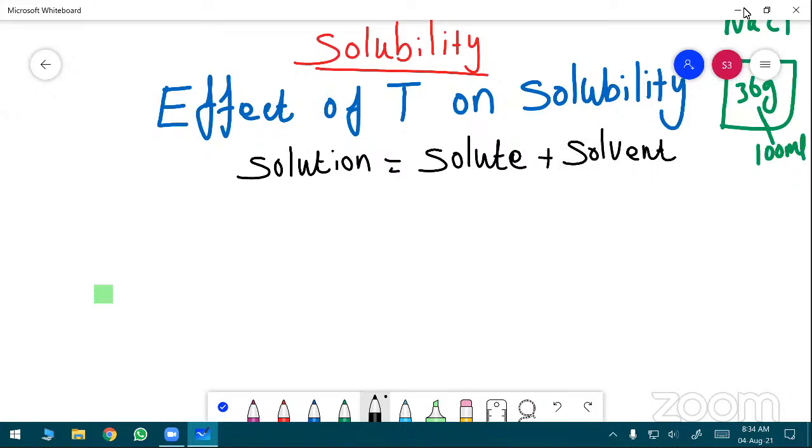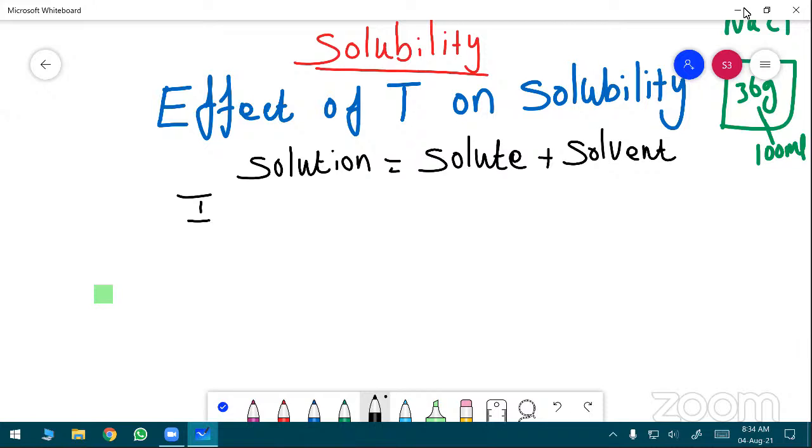Here in the solution lesson, the solvent is water, liquid in state. The solute may be a solid or gaseous form. So there are two types of systems available here.